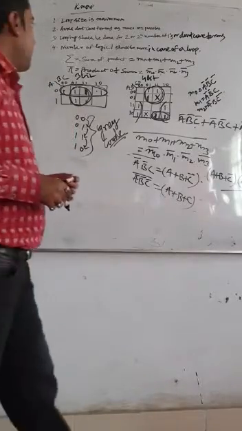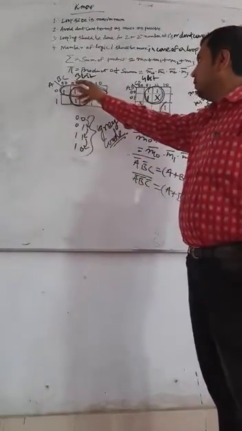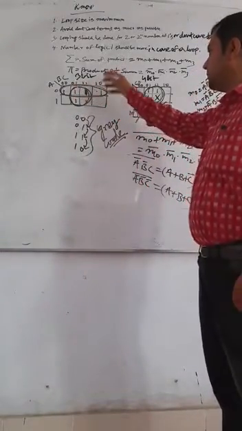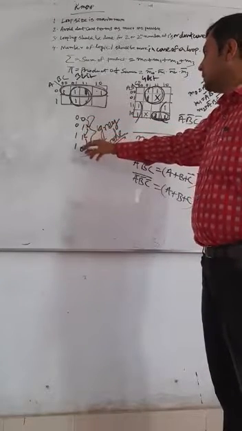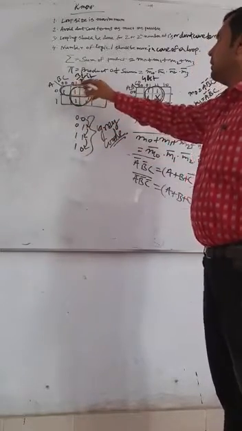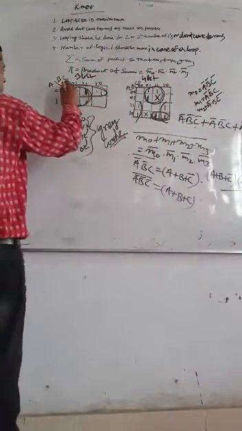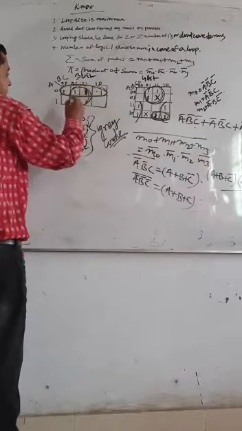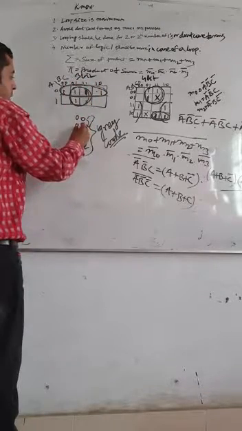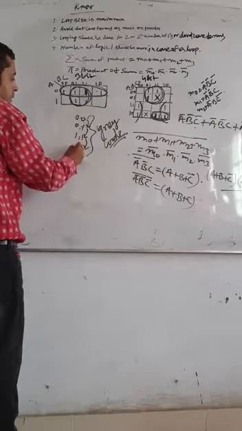Now take an example of 3-bit and 4-bit map. So this is 00, 01, 11, 10. In the upper part, in the columns, we have written 00, 01, 11, 10. 00 to 01 is a single bit change, 01 to 11 single bit change, 11 to 10 single bit change.